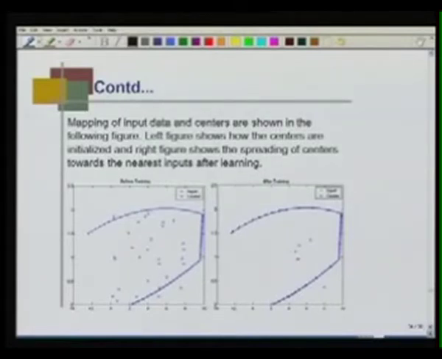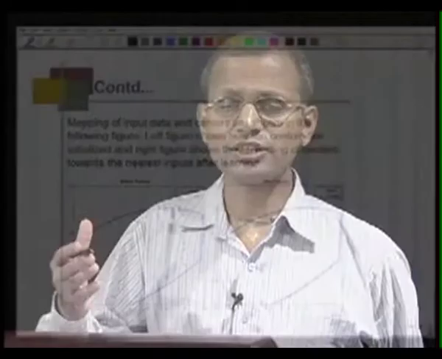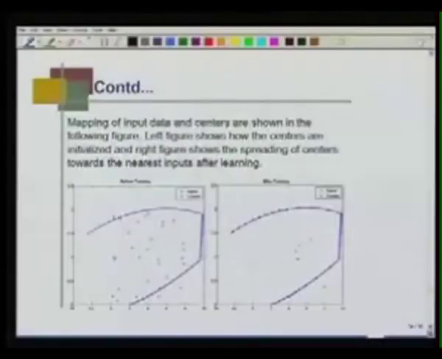So, you can easily see in the beginning, when we reshuffled, the centers were uniformly distributed. These circles are the centers, and this is my input data, this is my h and this is my u.